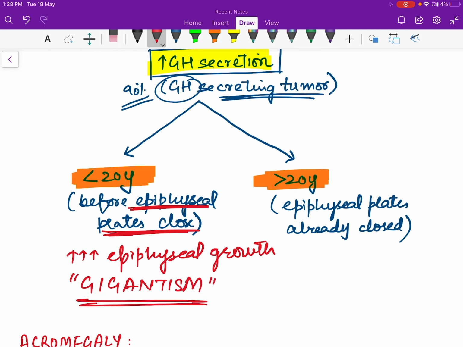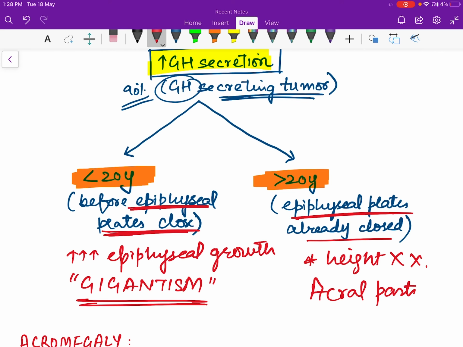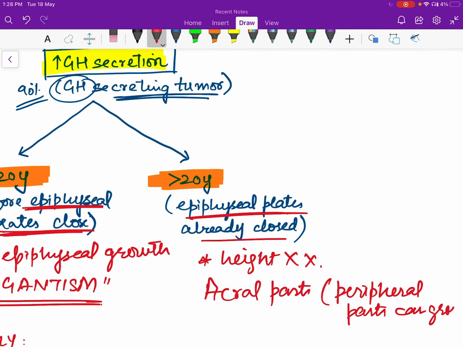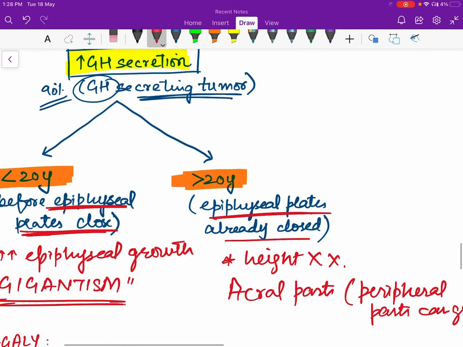But after 20 years of age, the epiphyseal plates will be closed, so the height of the person cannot increase, but the acral parts, which are the peripheral parts, can grow. They can increase in thickness and in breadth, and this condition is called acromegaly, which is a very important disorder related to growth hormone.